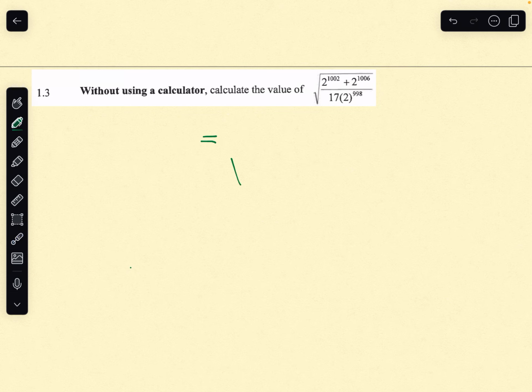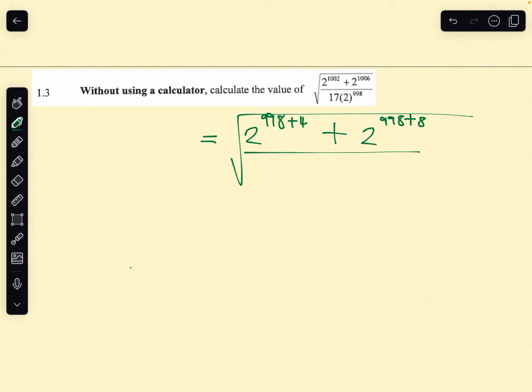So I'm going to unfortunately keep lugging this square root around. So 2 to the 1002 is the same as 2 to the 998 plus 4. And then this other term will become 2 to the 998 plus 8. Okay. And then we have here 17 times 2 to the 998.